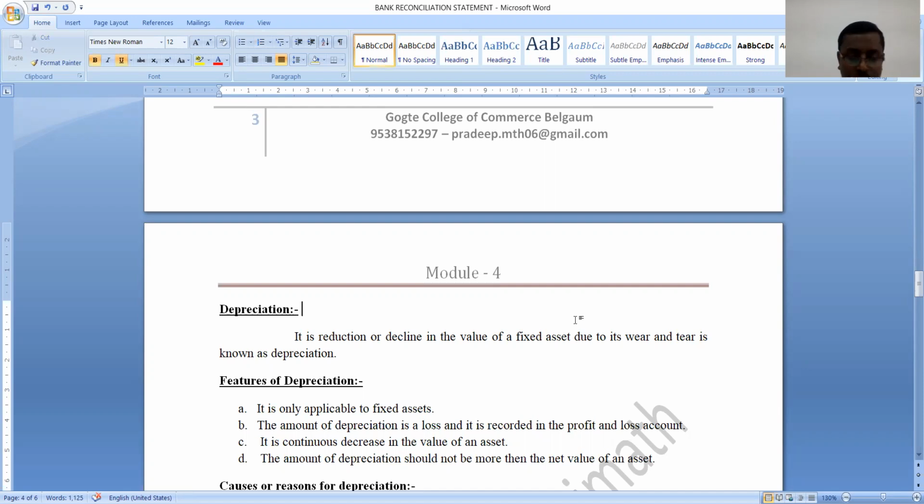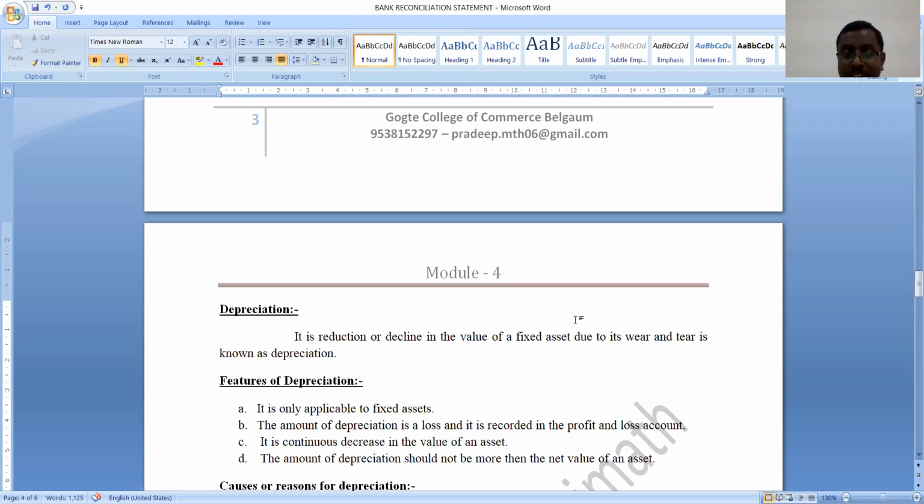What is depreciation? First of all, the term depreciation is used in case of fixed asset. What is a fixed asset? The asset that is purchased for use for a long period of time is called a fixed asset. If we are using the same asset over a long period of time, then the production capacity of that particular asset goes on decreasing.